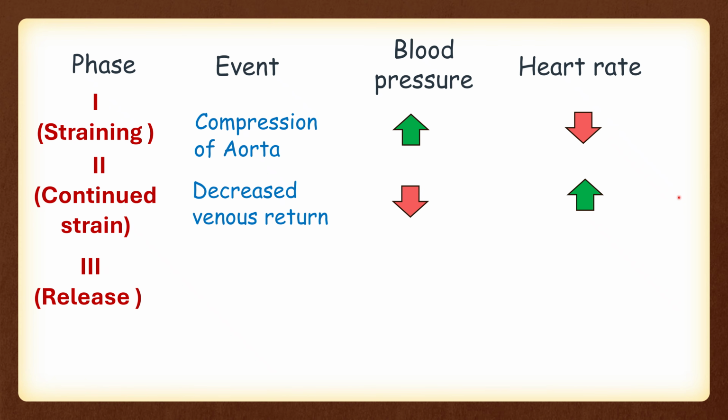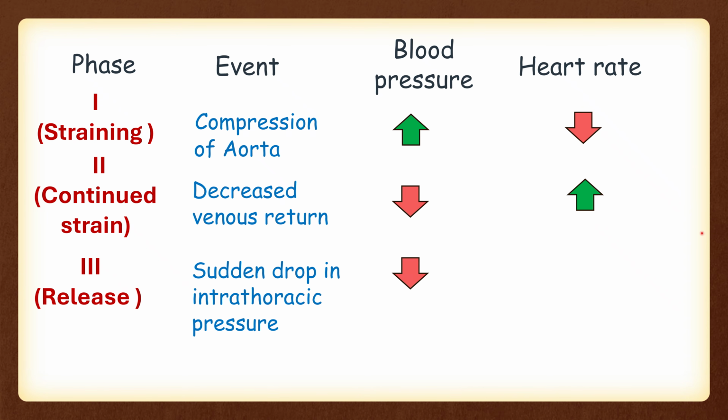Phase 3 is release phase. Here we are going to exhale the air now. We are experiencing a sudden drop in intrathoracic pressure. As there is a decrease in the intrathoracic pressure, usually we expect an increase in BP, but what is going to happen here is a momentary fall in BP. This is explained by the fact that the time taken by the blood from the pulmonary circulation to reach the systemic circulation is longer.